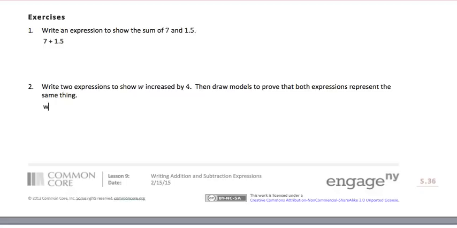So we would have w plus 4 and we can also write it as 4 plus w because addition is commutative. And they ask you to draw models to prove that both expressions represent the same thing.